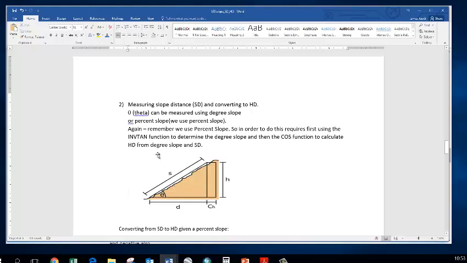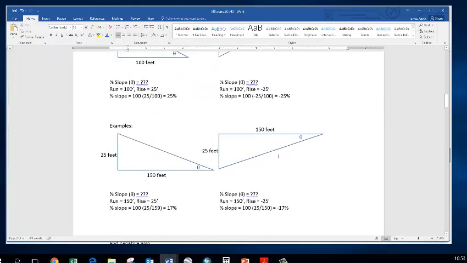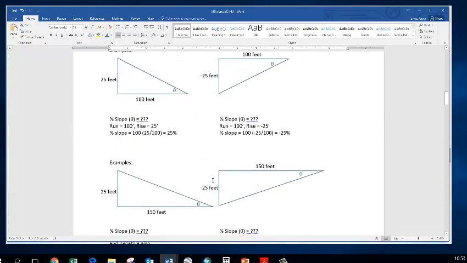If we were using a degree slope, all we would do is run it through this calculation like we did above. You get theta, you hit the cosine button, multiply that by your slope distance, and it gives you the horizontal distance.